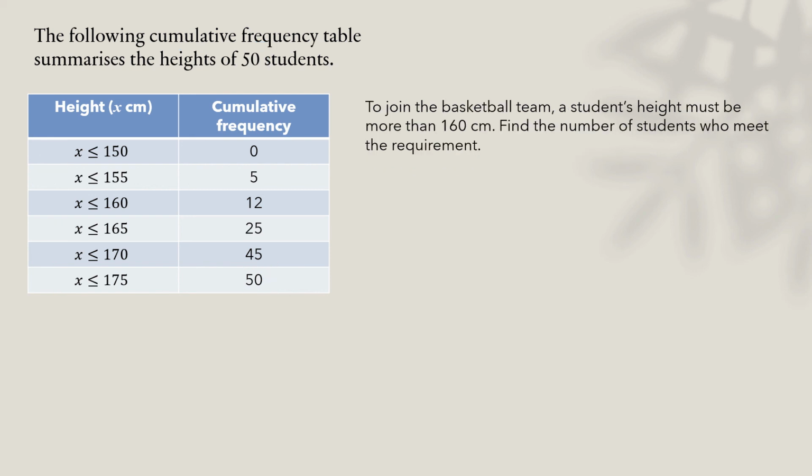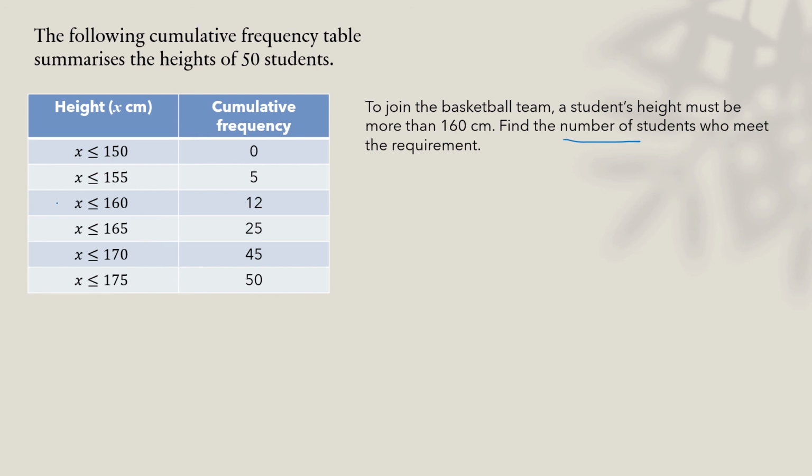Okay, another question. To join the basketball team, the height of a student must be more than 160 centimeters. The question asks for the number of students who meet the requirement. Again, in this question, we want to find those with height more than 160.